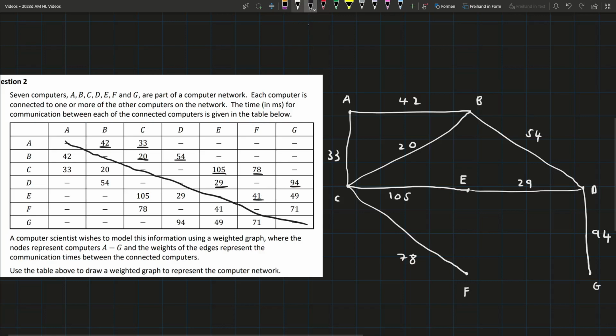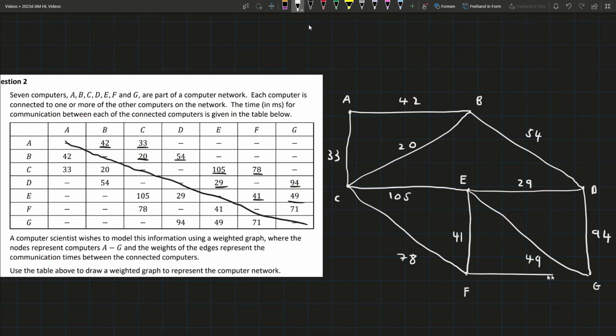So just cross that out. E to F, 41. E to G is 49. E to G, 49. And then finally, we're on row F. F to G is 71. Oops, it's a black line. It's going to be 71. And that's the entire graph.